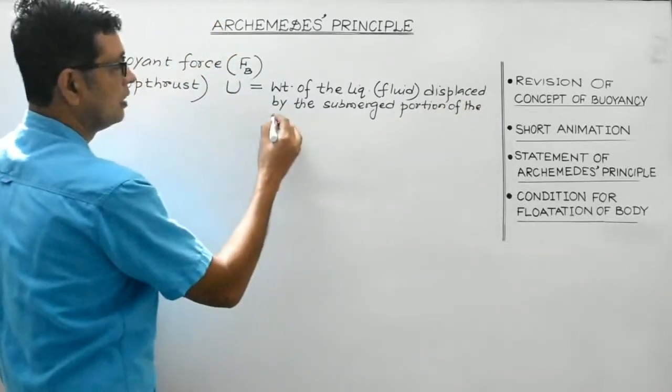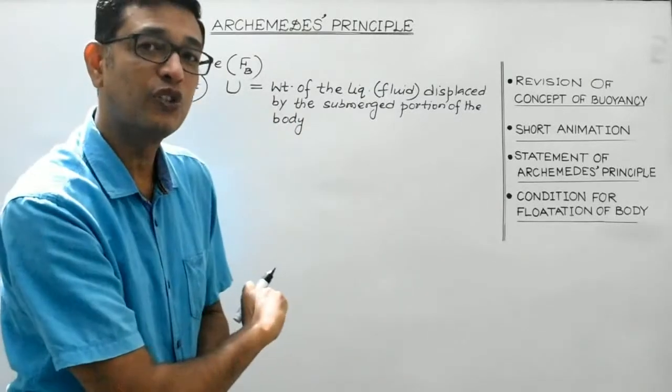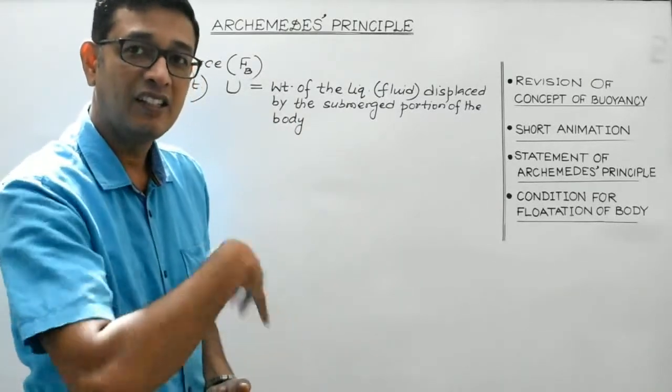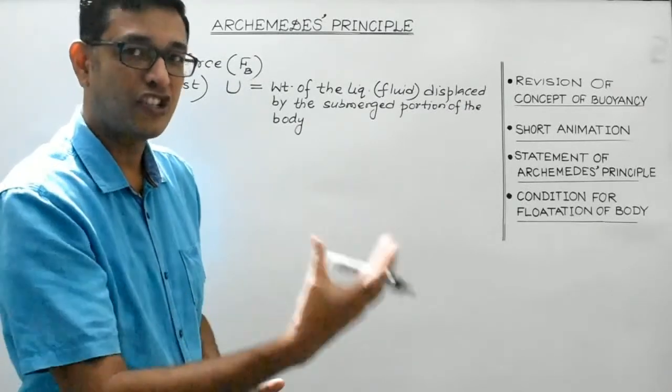In case the body is entirely immersed, then upthrust would be equal to the weight of the fluid displaced by the submerged portion of the body, which in this case would be the entire body.